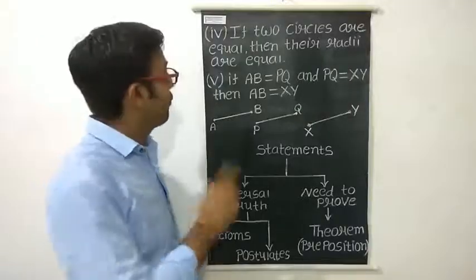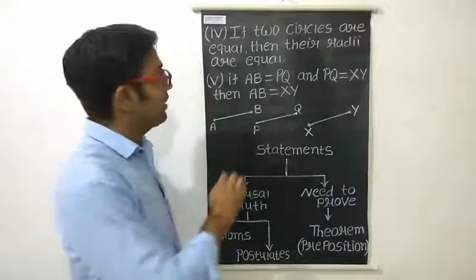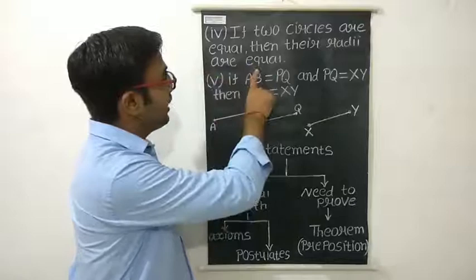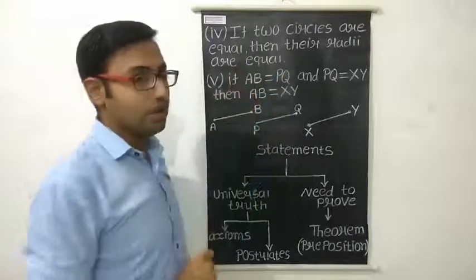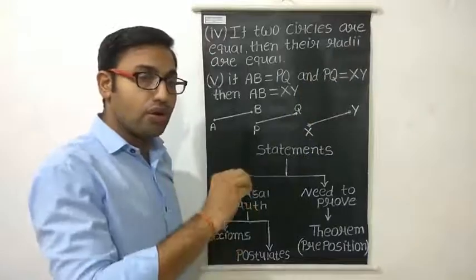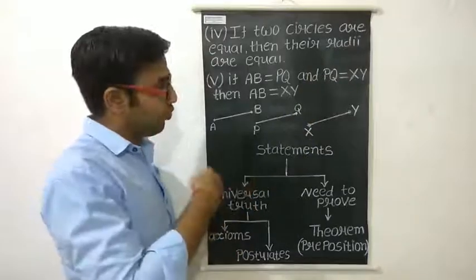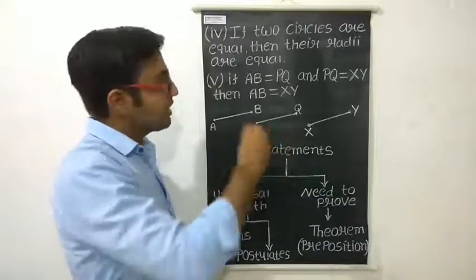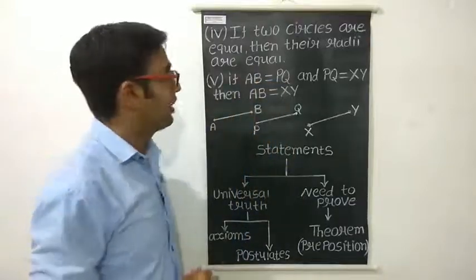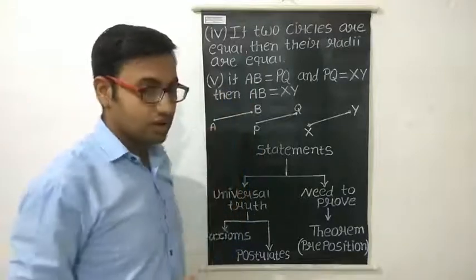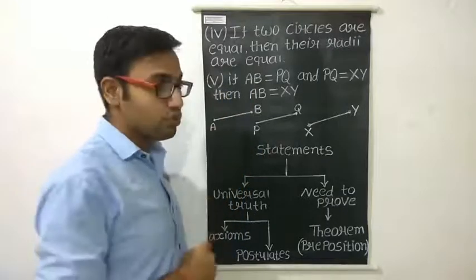Fourth statement: if two circles are equal, then the radii are equal. What is radii? This is the plural of radius. If we are talking about two circles, then we can call both the radii. So if two circles are equal, then the radii are equal. Yes, this statement is true.